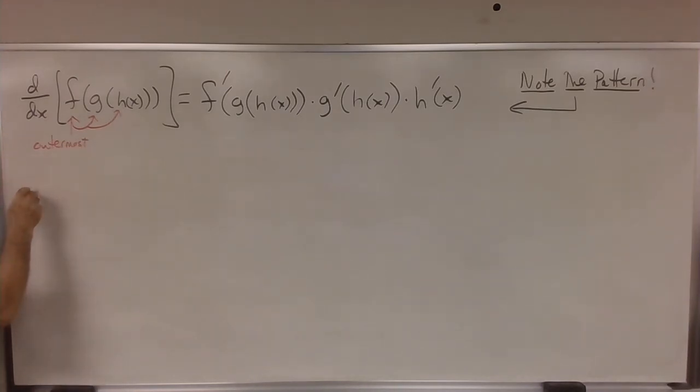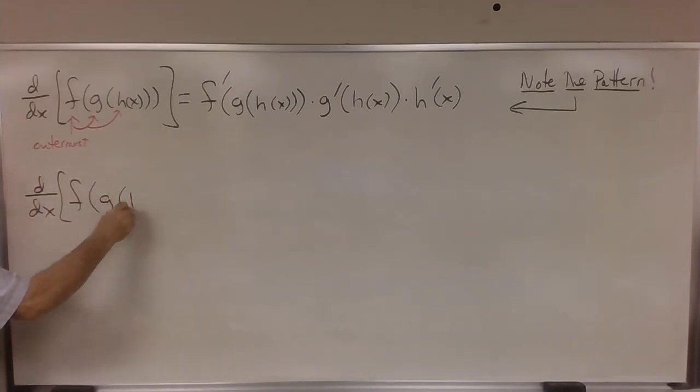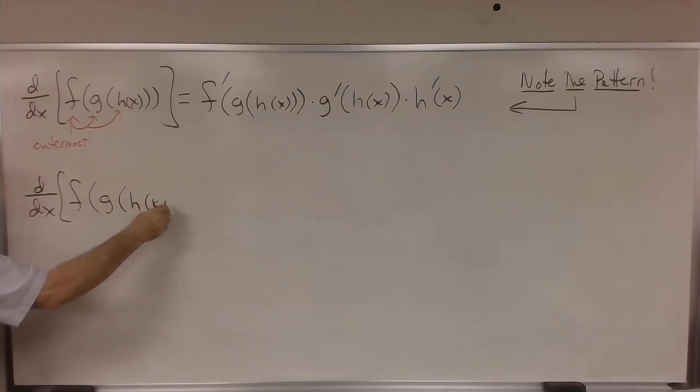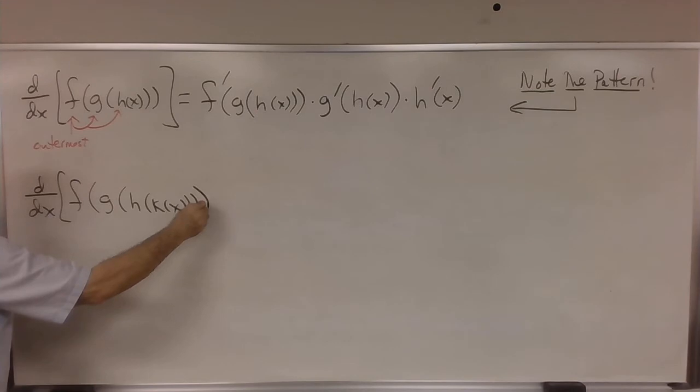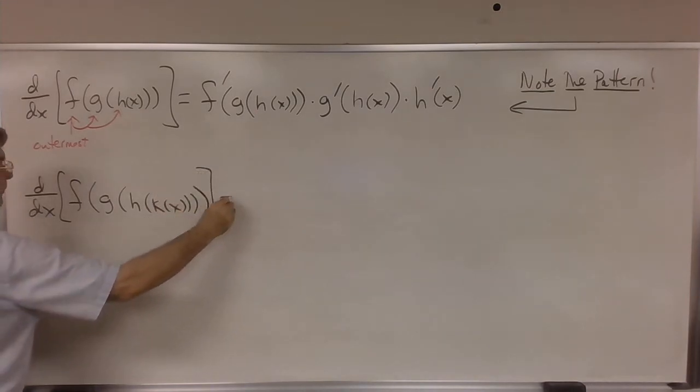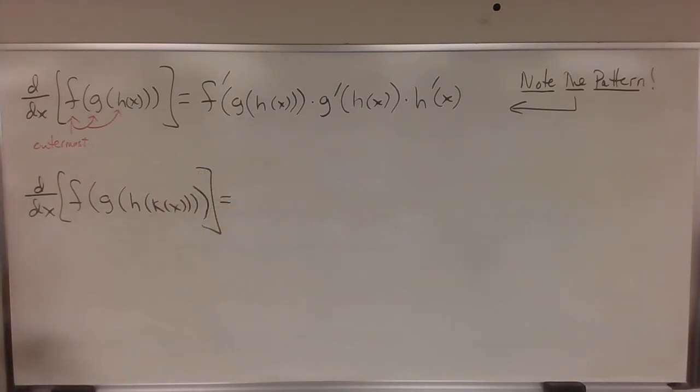So we have the derivative of f evaluated at g, evaluated at h, evaluated at k of x. And the first thing we do is we start with the outermost function.